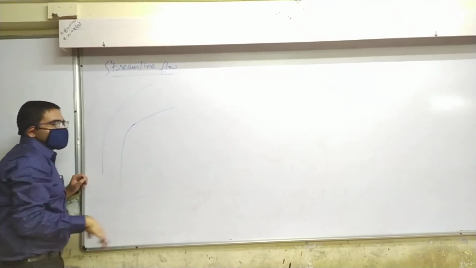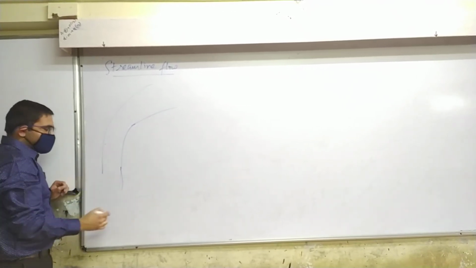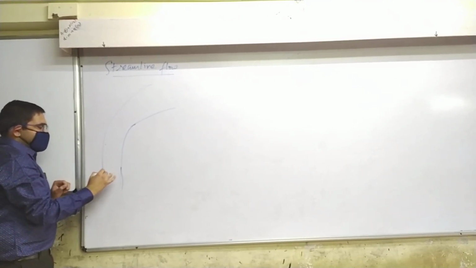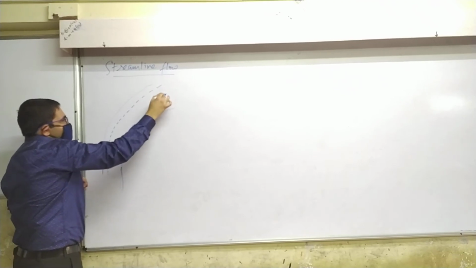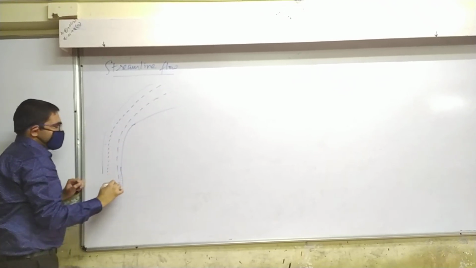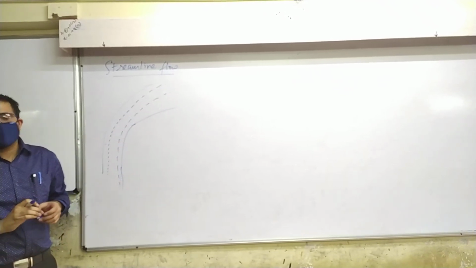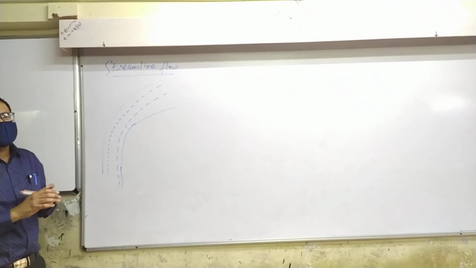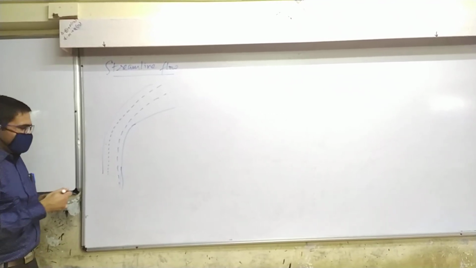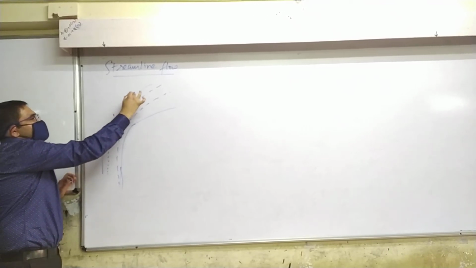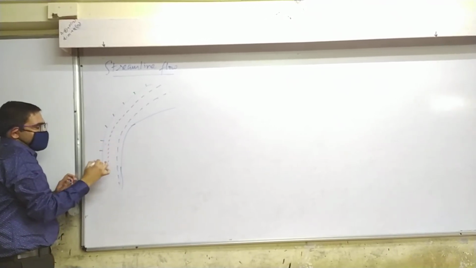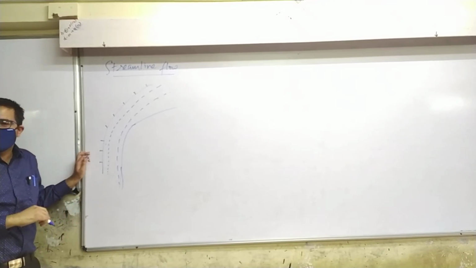Let's say there is some road, a highway maybe, and let's say everyone is driving by following all the traffic rules. Ideal case, isn't it? Okay. So let's say at every point there are markings which tell you what speed to drive.